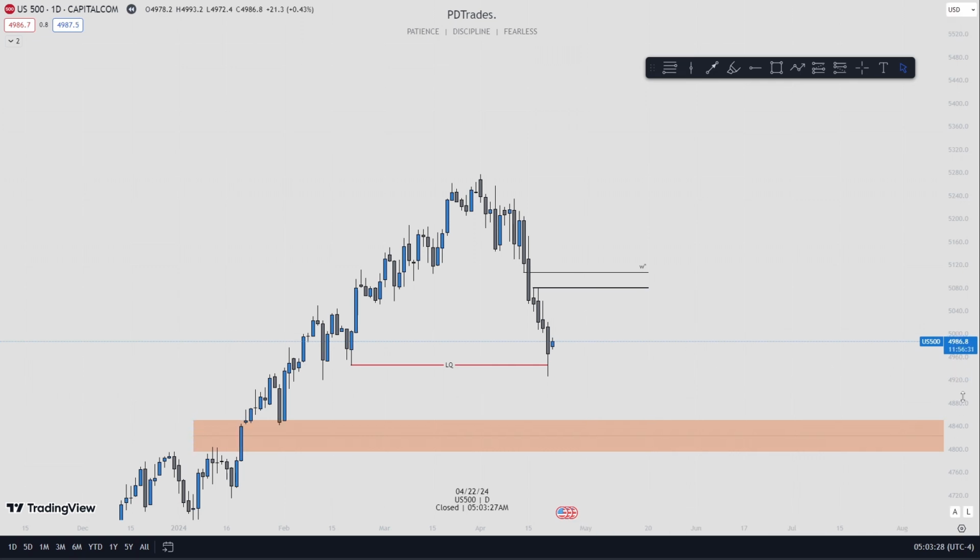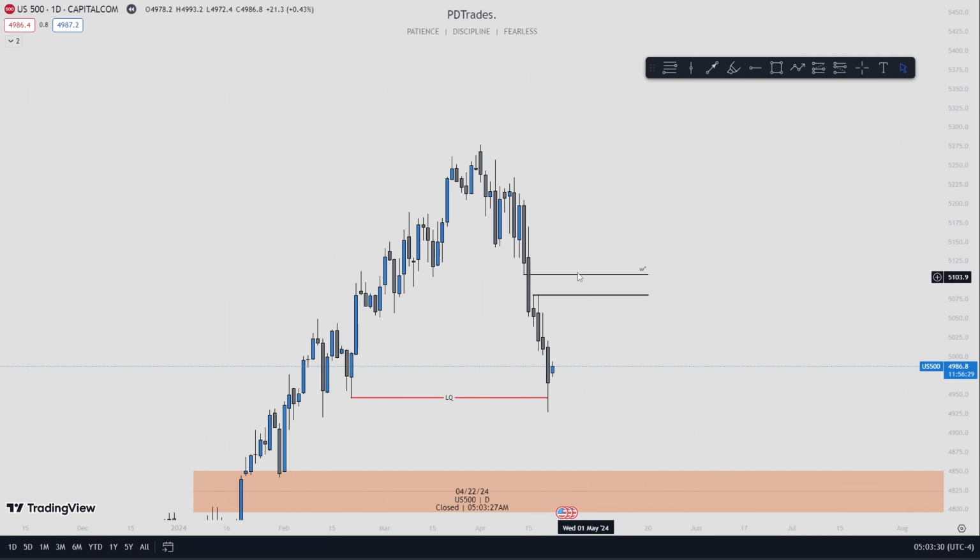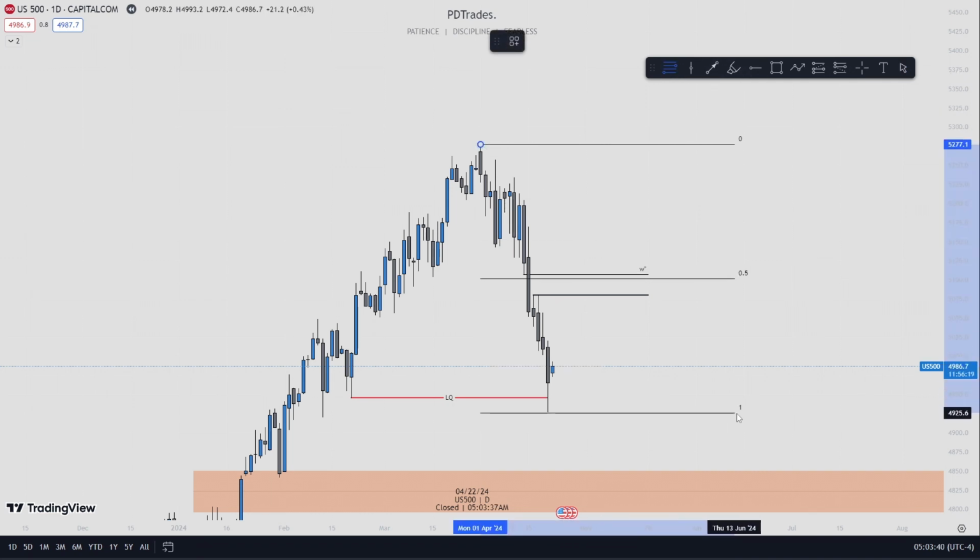So now the S&P 500 is telling me that it might want to buy and retrace here and shoot down. You understand? This is where I want to see price heading into this fair value gap, because if you look from this high into this low, where is this fair value gap?